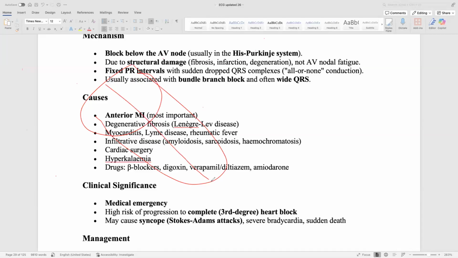Anatomy linked to electricity. A defect in the left anterior descending, the LAD, supplies the area below the node. The AV node is supplied by the right coronary artery.